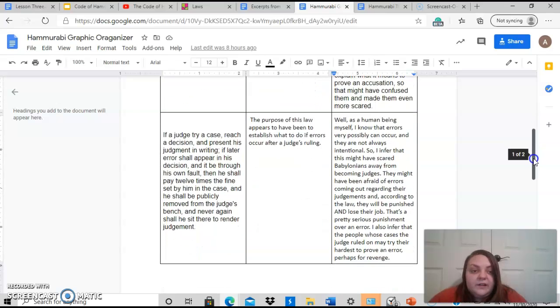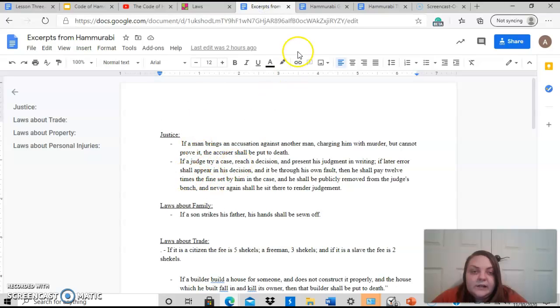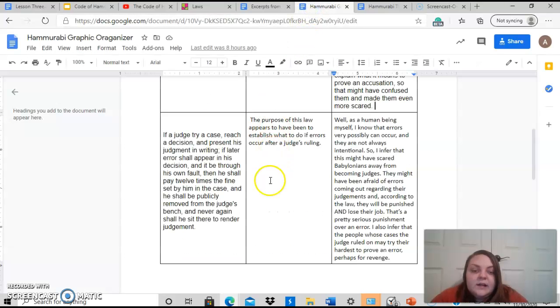So after I would do a think aloud and do an example myself, I would then want to do an example together as a class. So all the students and I would work together to analyze this next law from the justice category. Here it is right here. I would use questioning strategies like, who is the law talking about? What is the law about? We can see it's talking about judges.